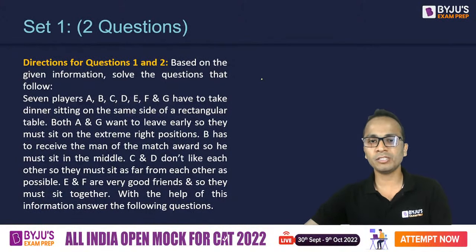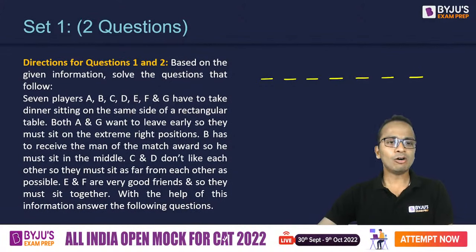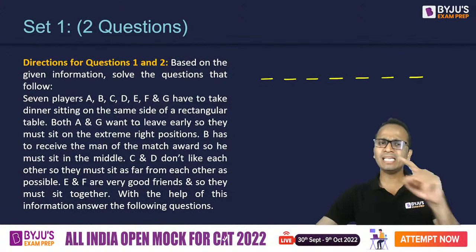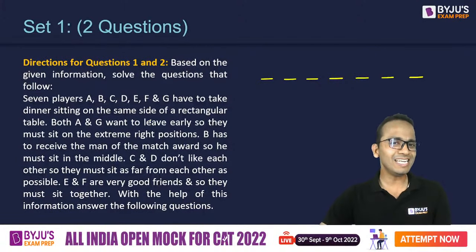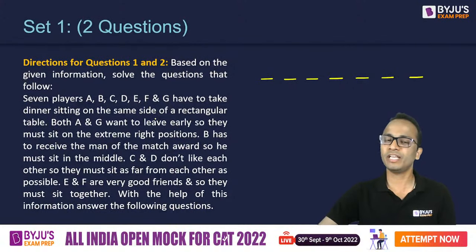So there are 7 players, positions 1, 2, 3, 4, 5, 6, 7. Now they have to be arranged on the same side of a rectangular table. So basically this is not a non-linear arrangement. This is a linear arrangement because all these 7 are sitting on the same side of the rectangular table.